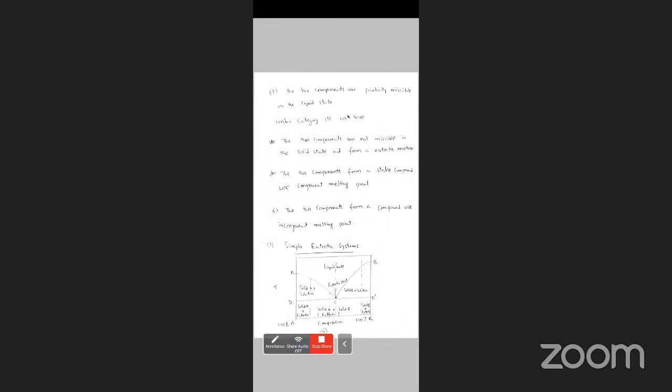And the second category is the 2 components are partially miscible in the liquid state.